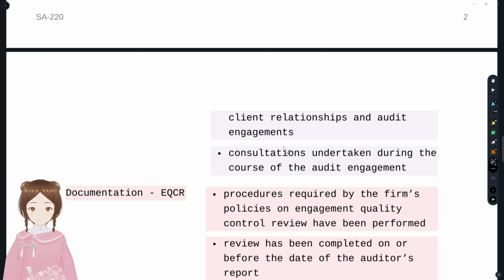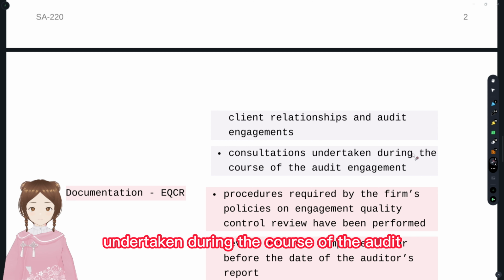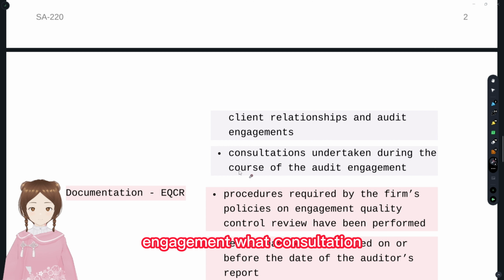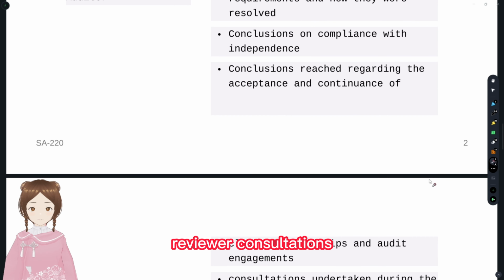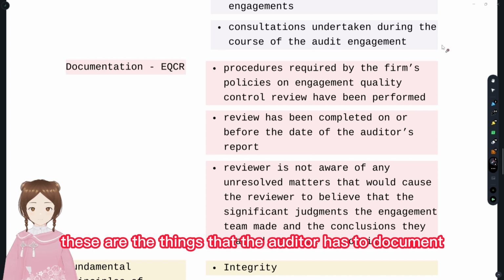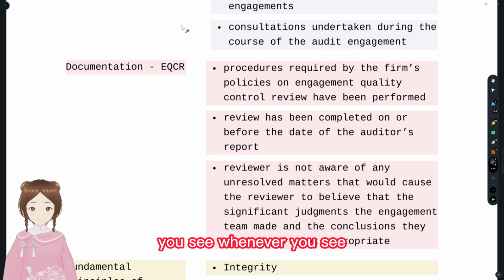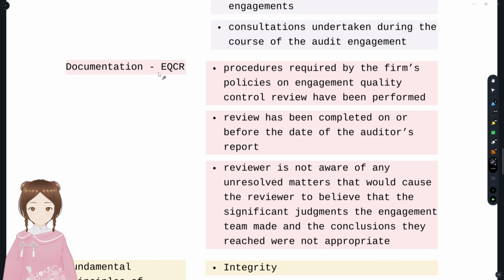That's what we do prior to the audit. Then consultations undertaken during the course of the audit engagement. What consultations are they talking about? They're talking about engagement quality control reviewer consultations. These are the things that the auditor has to document. Whenever you see what the auditor has to document, that is not something out of nowhere.